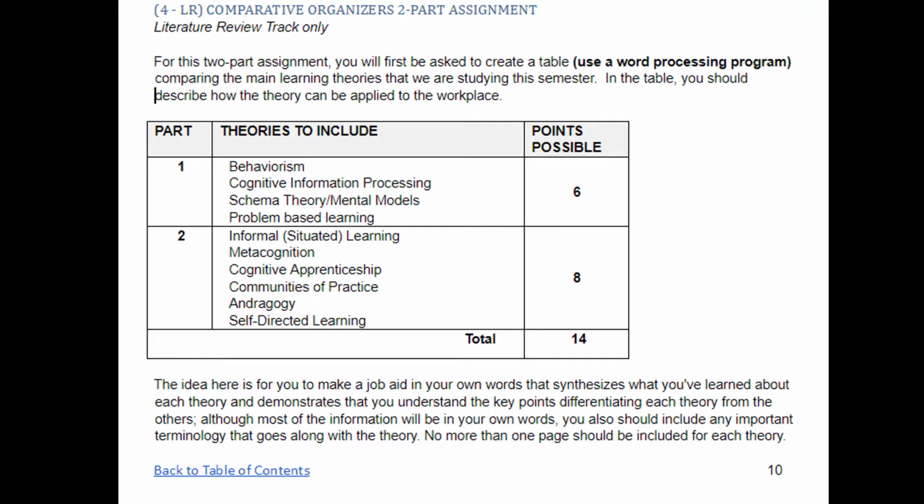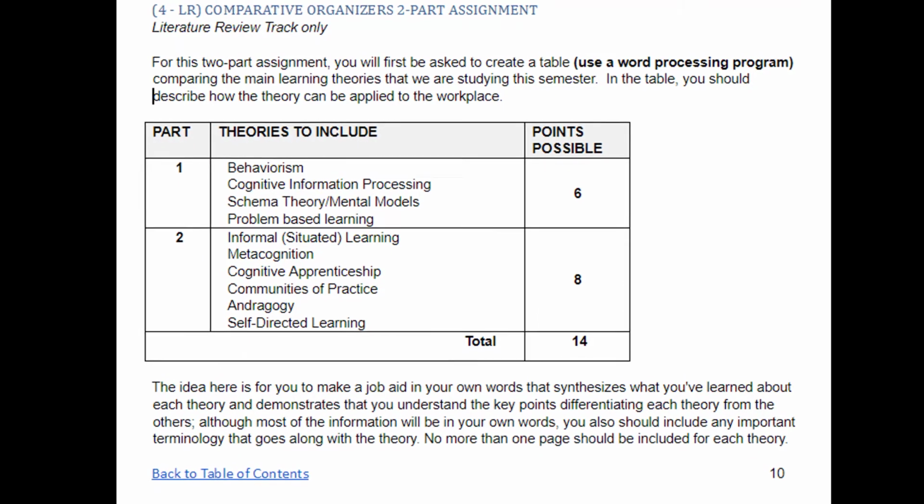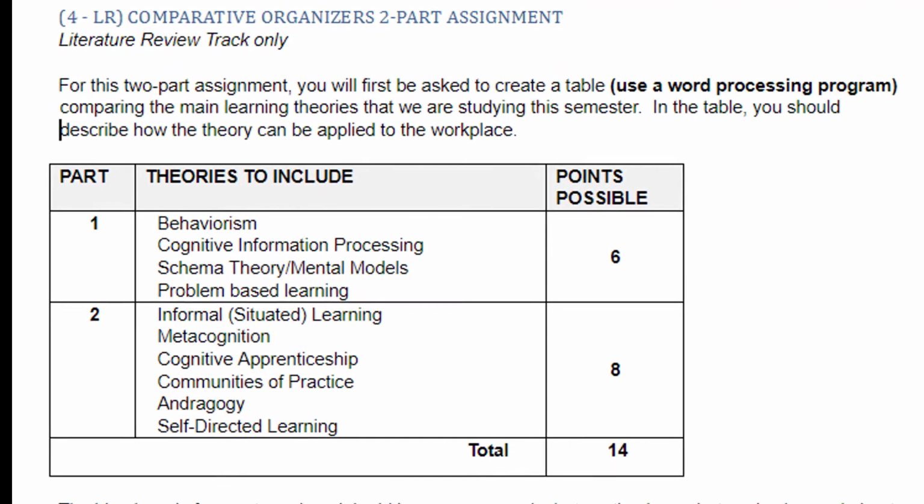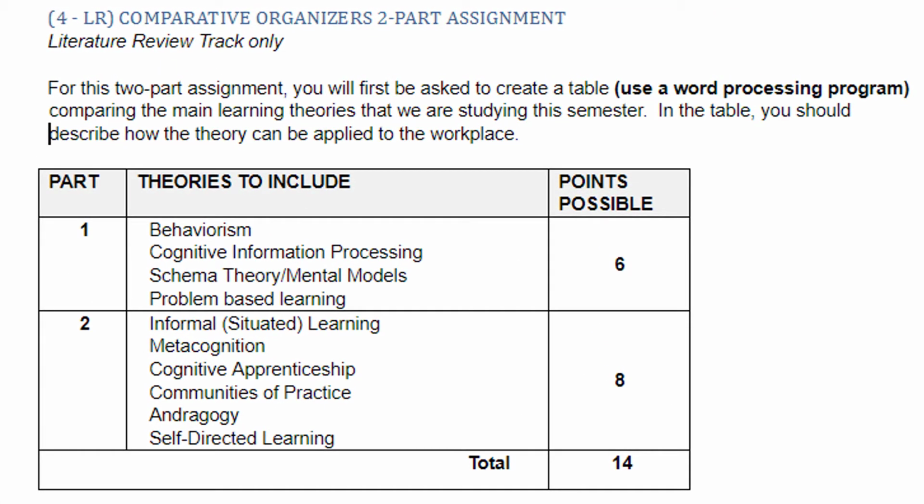In your syllabus, you'll find the description of the assignment. For this two-part assignment, for which the first is due at the end of Module 6 and the second is due at the end of Module 11, you'll create tables in your word processing program and compare the theories we're studying this semester.